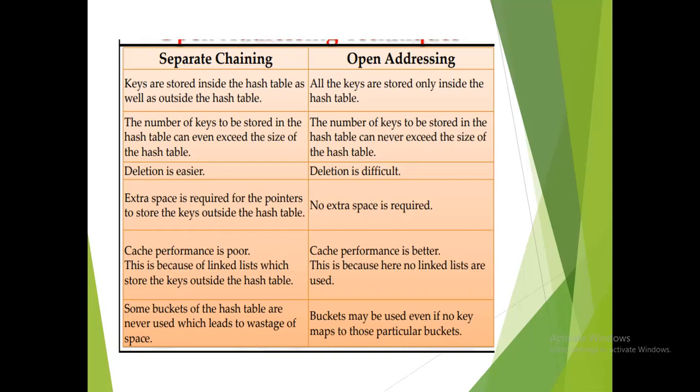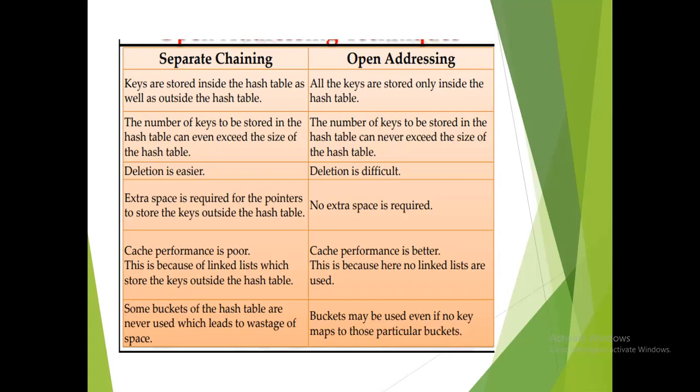In separate chaining, the number of keys to be stored in the hash table can even exceed the size of the hash table. In open addressing, the number of keys to be stored in the hash table can never exceed the size of the hash table. Separate chaining, deletion is easier. Open addressing, deletion is difficult.